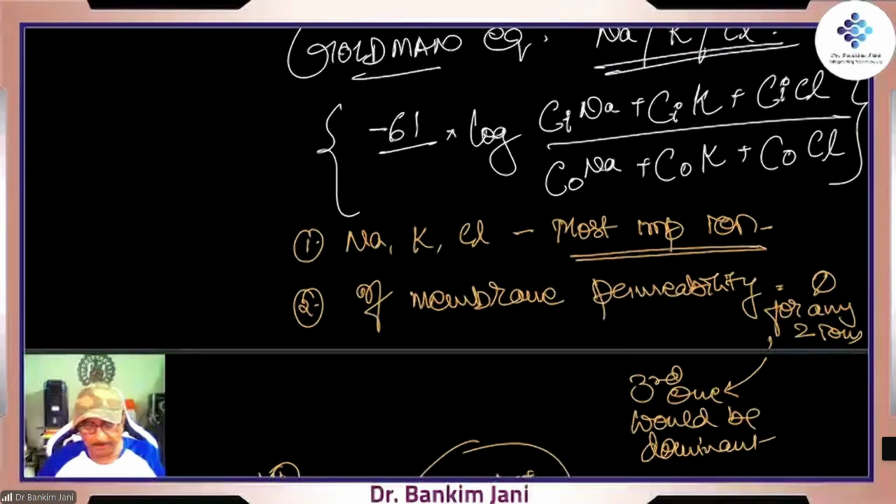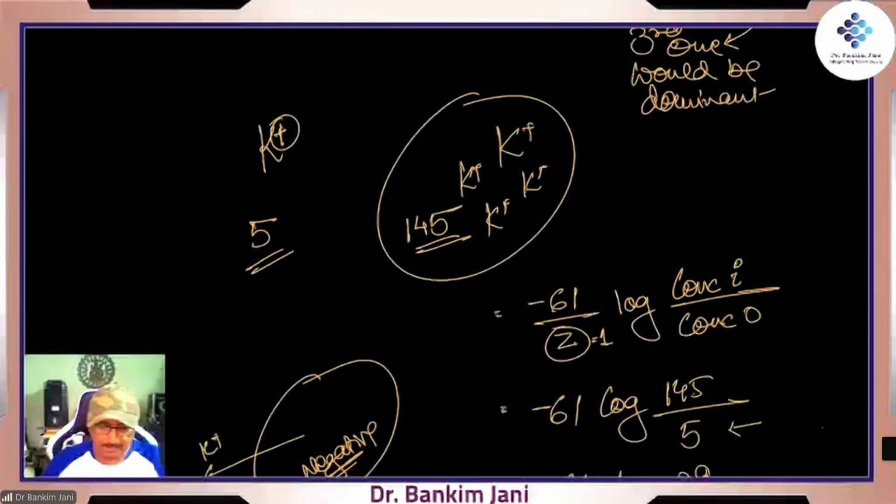One, these are the important ions, and second, the membrane permeability of any two ions. If it is less, then obviously the third one will be the boss, because there is no one to oppose it. And as the potassium goes out, the cell will become more electronegative. That is also true. We can say this is our third point.